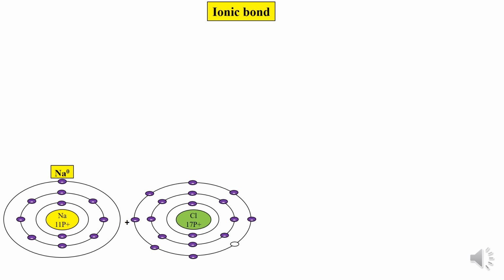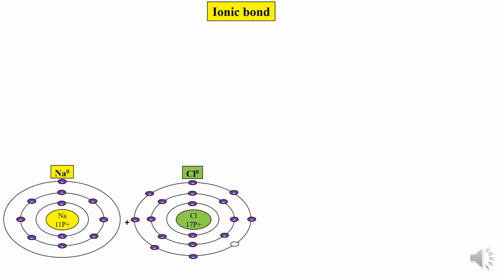Now this is the electron structure of sodium in the unreacted form, or the zero oxidation state, and this is the electron structure of chlorine atom in the zero oxidation state.